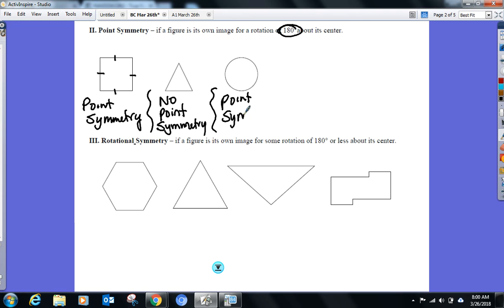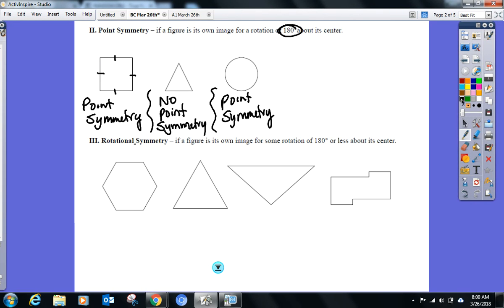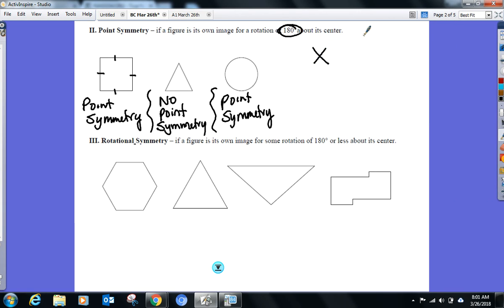All right, let me open it up to you guys now. Letters that have point symmetry, except for O. I rotate it 180 degrees and it's the same letter. X has point symmetry. Got it, Nate?